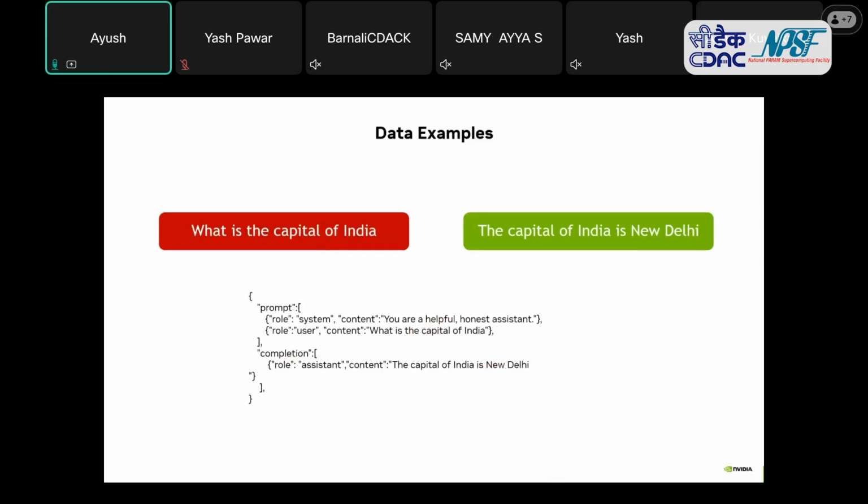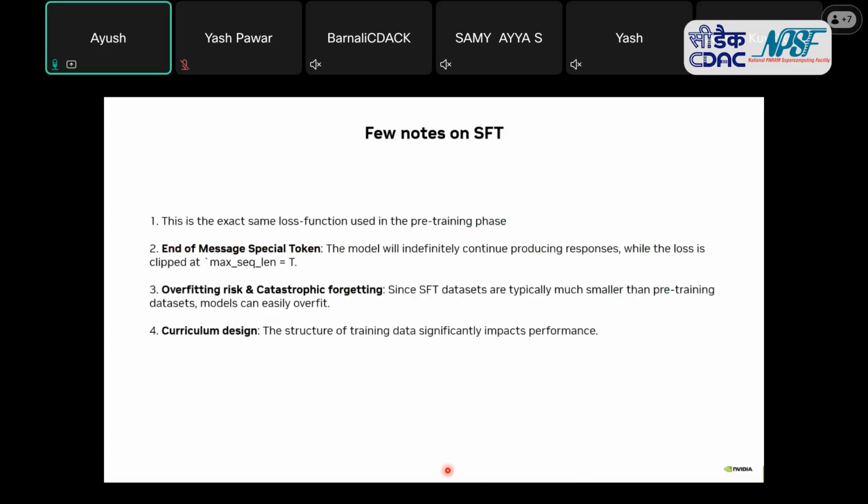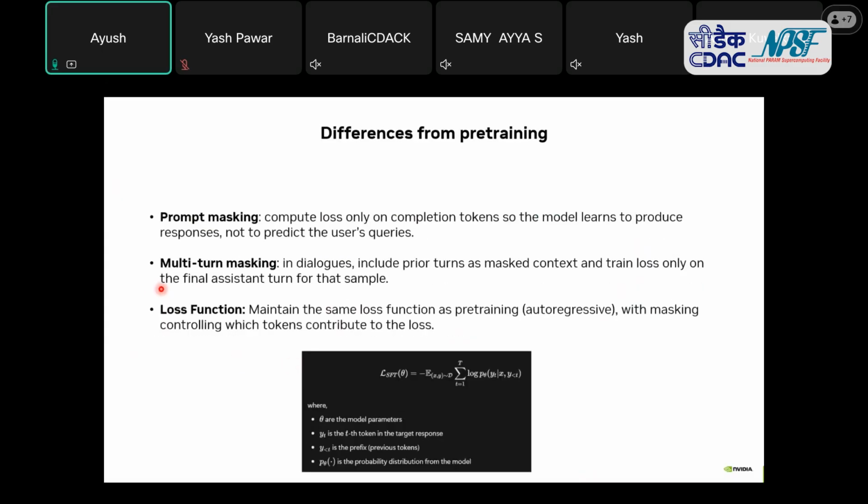So you realize that there is some context already present in the previous turn of conversation, which should be referred to while you predict the answer to the second prompt by the user. This is what we call a multi-turn conversation.